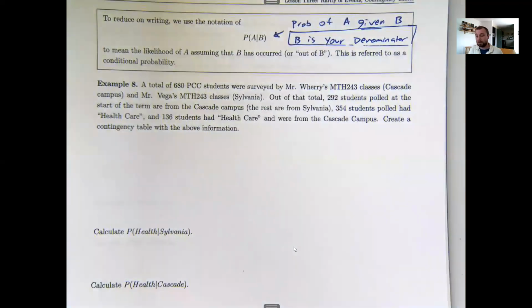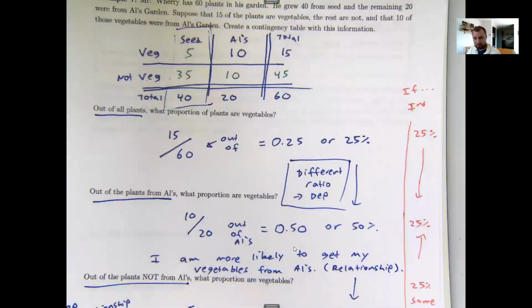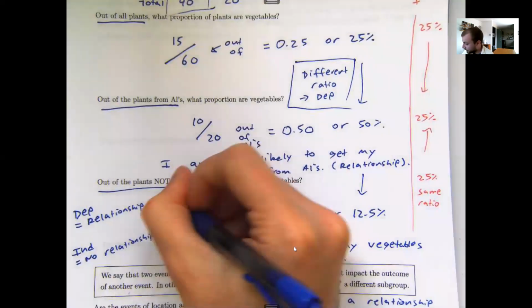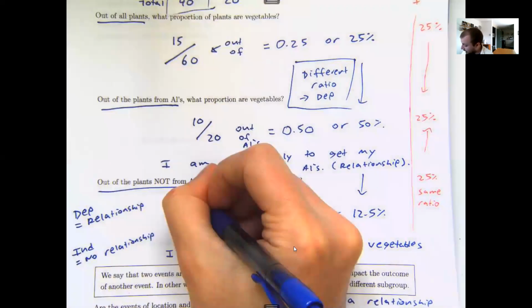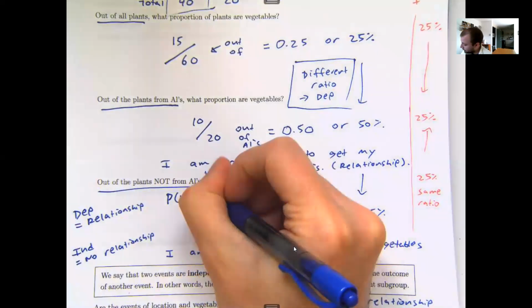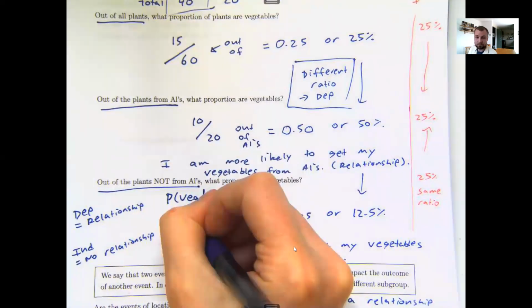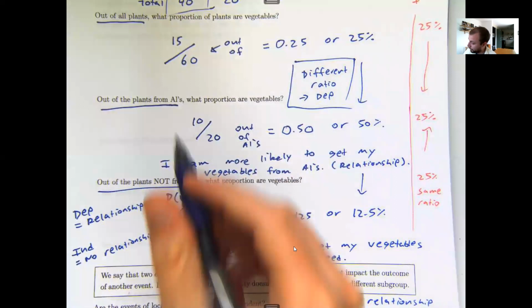So going back and relabeling some things, not from owls. So this was the probability that something was a vegetable if it was out of something that I grew from a seed. From owls.